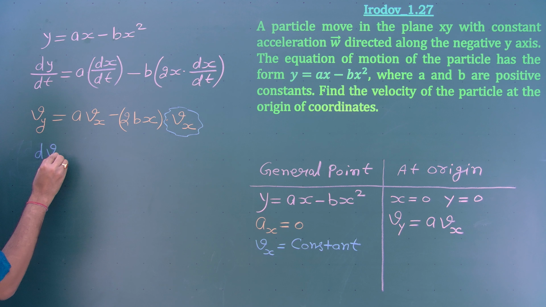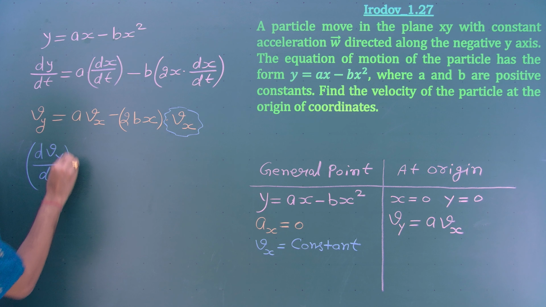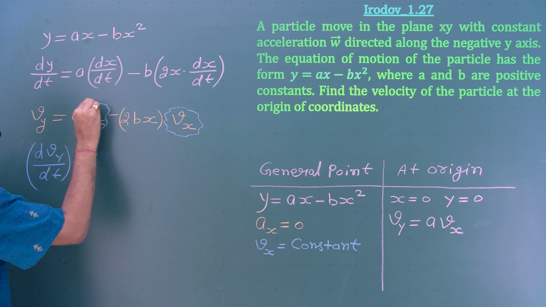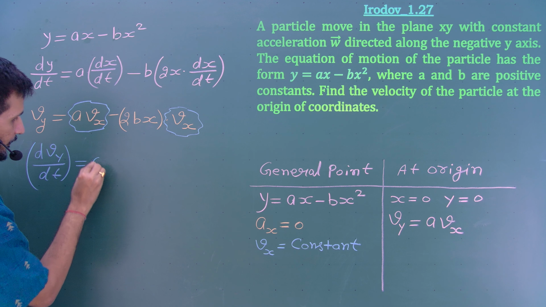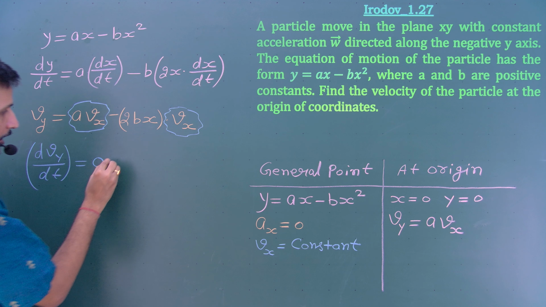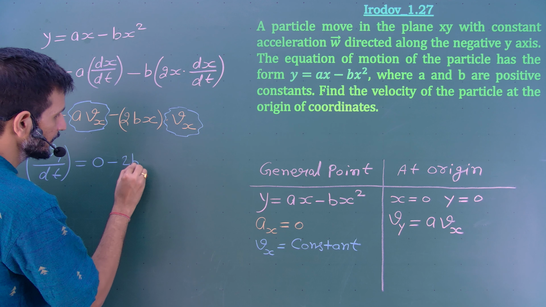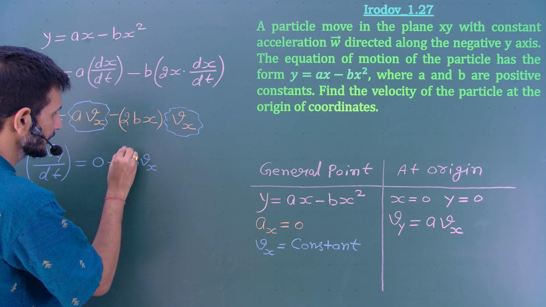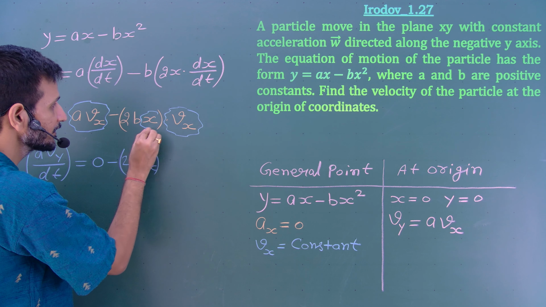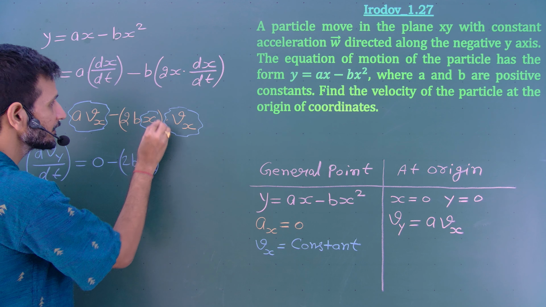So dvy by dt should be, this part is constant, so differentiation of this part is 0, minus this part is constant, so 2b vx is a constant, and this is variable, so differentiation of x is dx by dt.